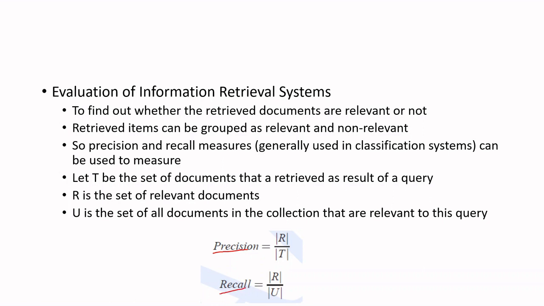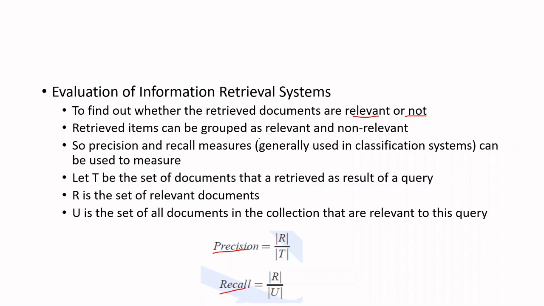Now we look at what these are, and then we'll move on to some measures specific to information retrieval systems. So, to find out whether a retrieved document is relevant or not: we said we are ranking in information retrieval. We retrieve the documents which are most relevant to us, and we rank them based on the relevance. So we have to measure whether the output generated by our system is actually relevant.